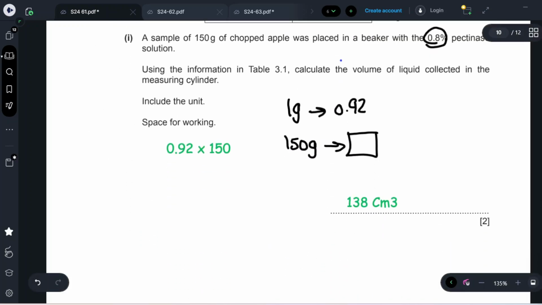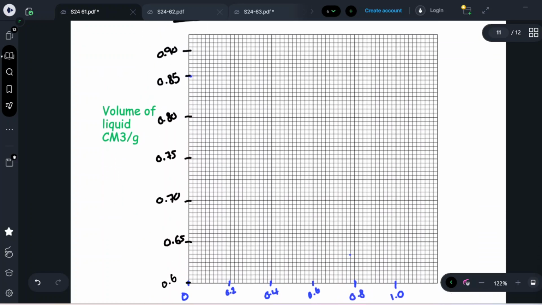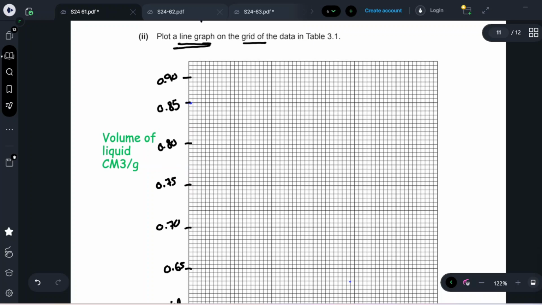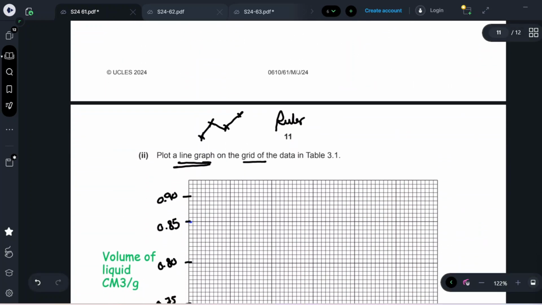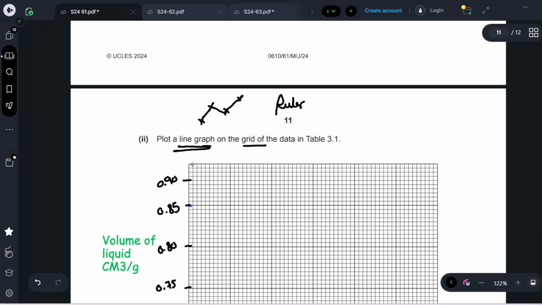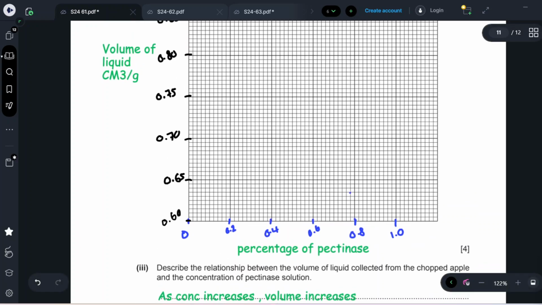I don't have to start before this. 60, 65, 70, 75, 80, 85, 90, and 92 will be here. Or I can start from 0.65 also. It would be fine. Now let's put the points.